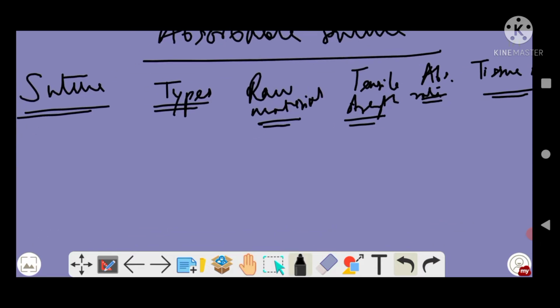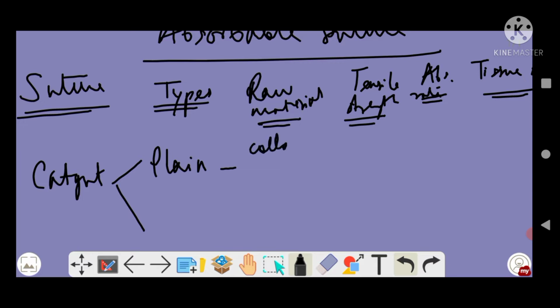so if we start with your catgut, the catgut types are plain catgut and chromic catgut. First we will talk about plain catgut. Raw material: it is collagen derived from healthy sheep or cattle.